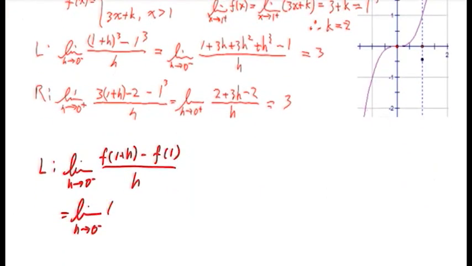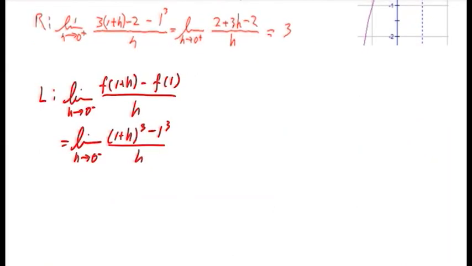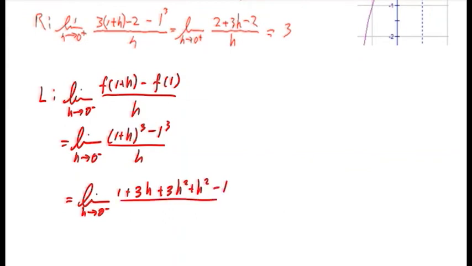So we have 1 plus h cubed minus 1 cubed over h. And you all know how to do binomial expansion, right? 1, 3, 3, 1. Like that. And then let's start canceling.